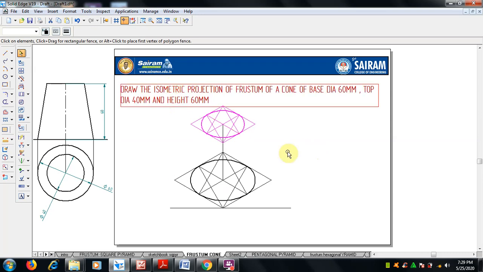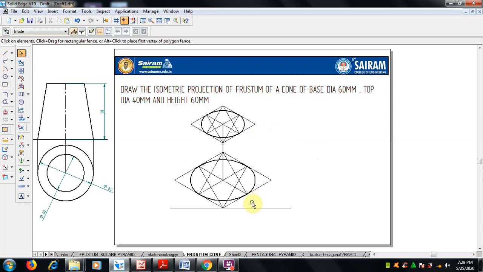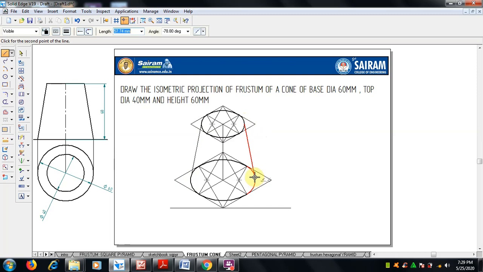So now the top is done, bottom is there. So select line command, we can join line from here to the tangent, where the tangent comes, do it, and select a point here and draw up to where a tangent symbol comes, finish it off. That's it.